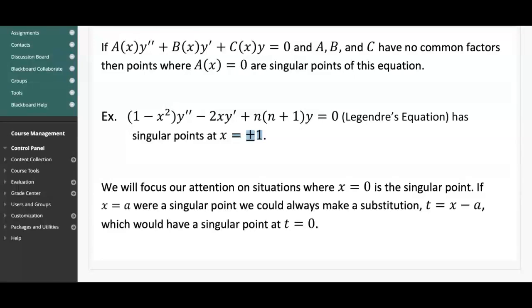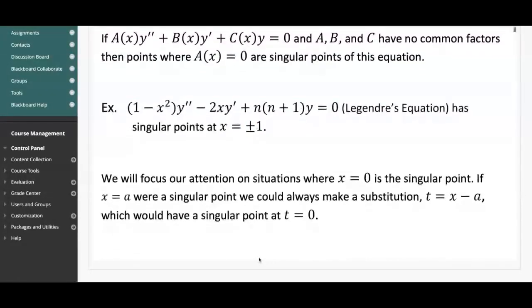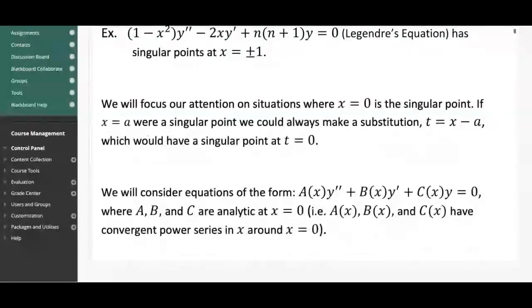That's the concept from previously. So we will focus our attention on x equals 0 as the singular point. If x equals a were a singular point, we could always make a substitution, t equals x minus a, using this new variable for x minus a.